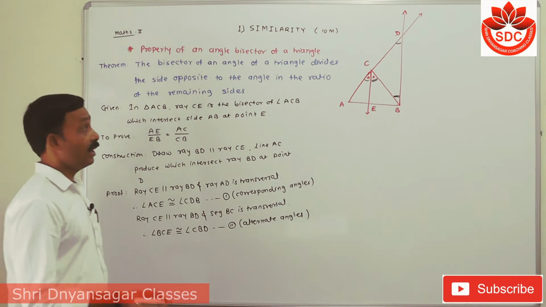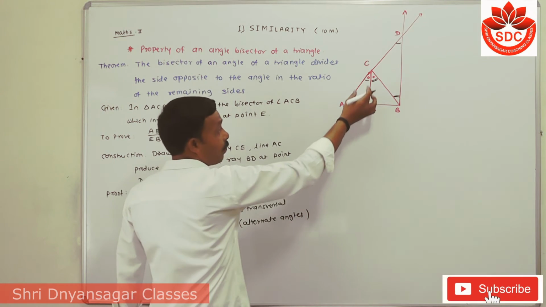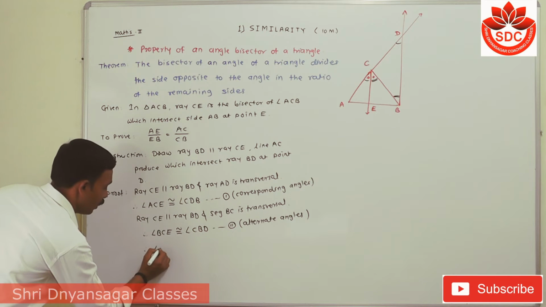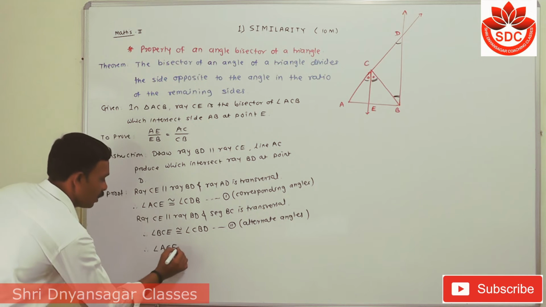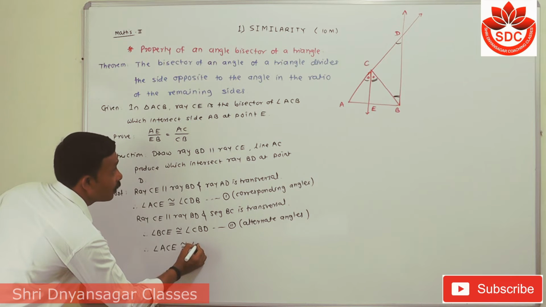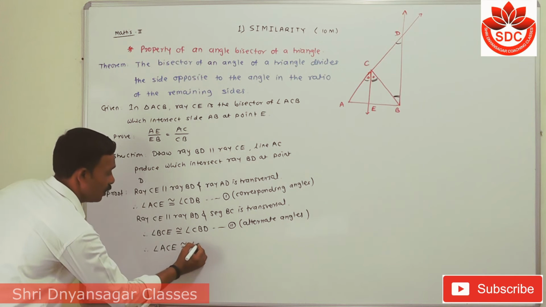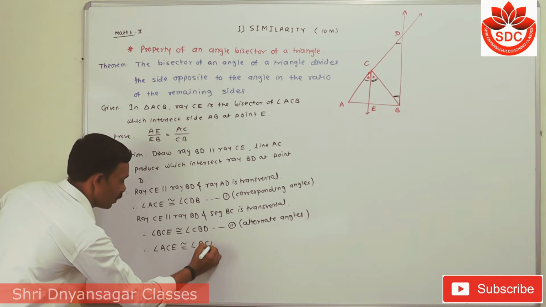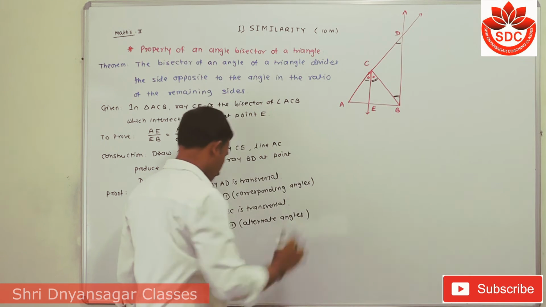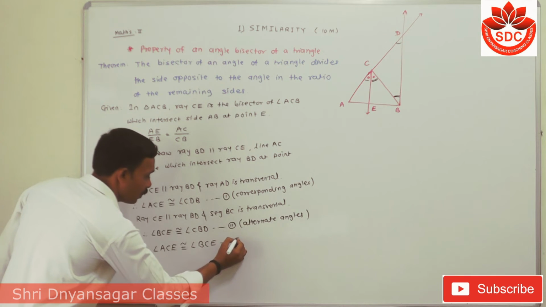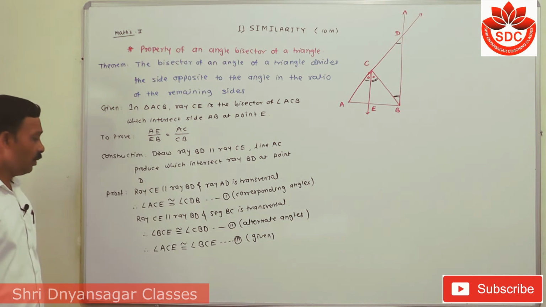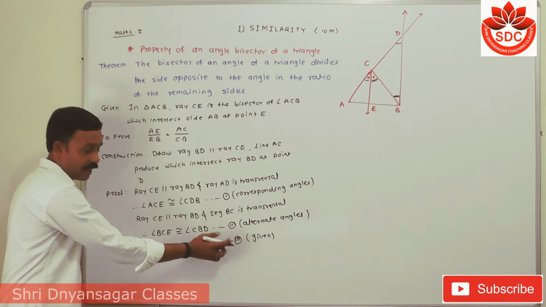Now, in your given, this ray CE is the bisector of angle C. So by using this given, we write here, therefore angle ACE is congruent with angle BCE. The reason is that suppose this is equation number third and this is given. Okay student, then we observe equations first, second and third.